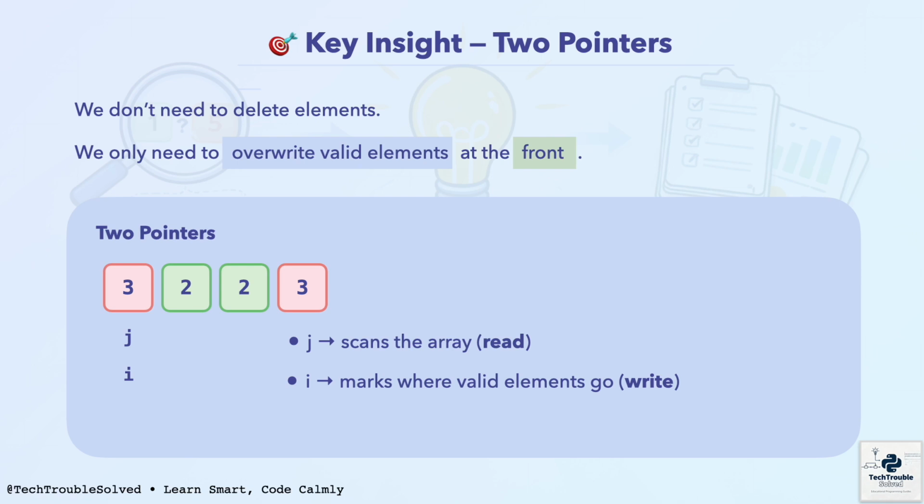Because we are scanning the entire array, both pointers start at index 0. At this point, we are not moving anything yet. We are just setting up the roles. Once this setup is clear, the rest becomes mechanical.